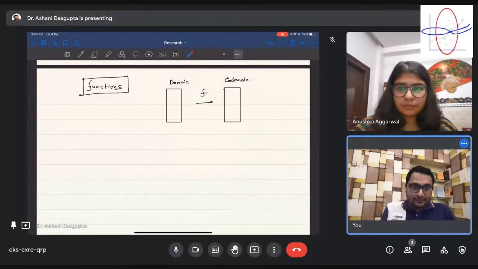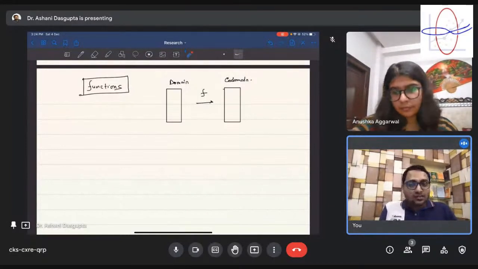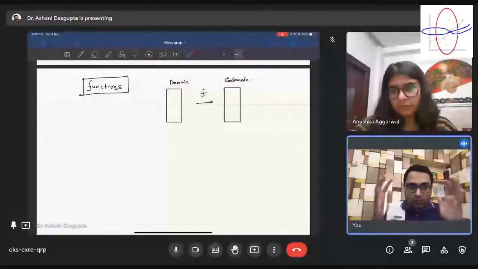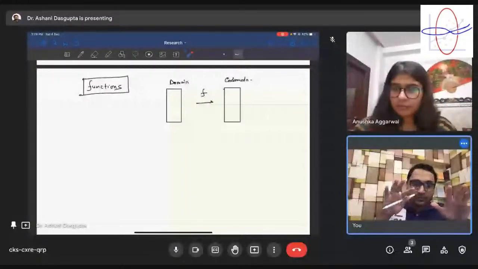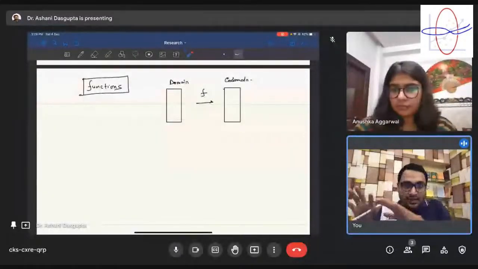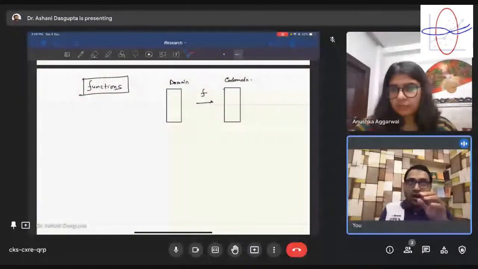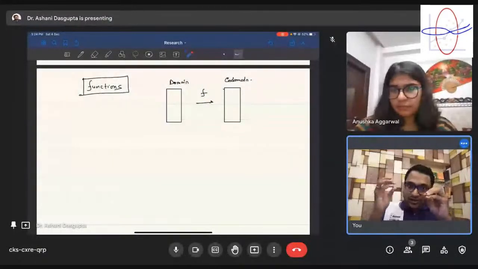That's absolutely right. Now you see, the great thing about functions, if you think very closely about it, is that it tells you how to move from one set to another. You have elements in one set and you want to move to another set, and somehow this other set's elements have the information of the elements in the first set hidden inside them.